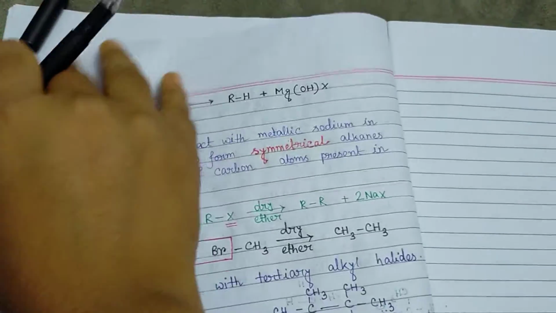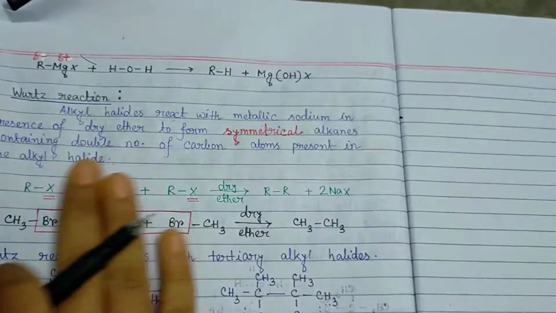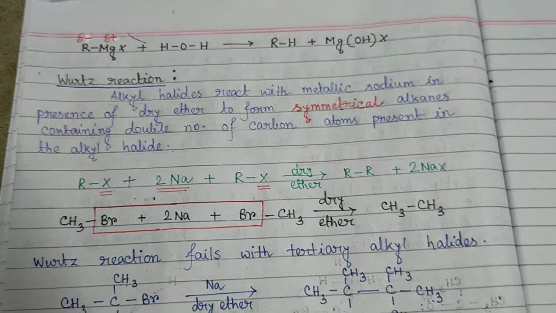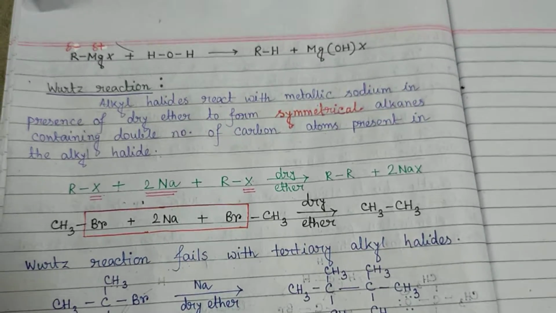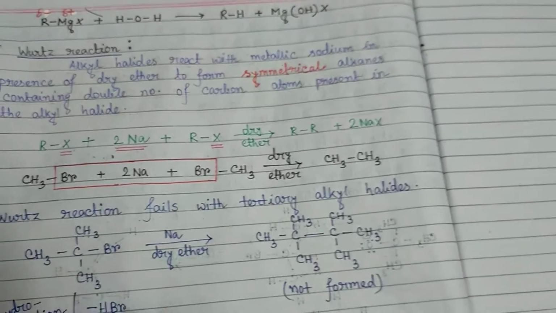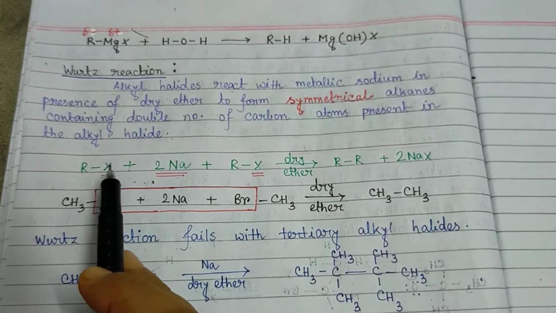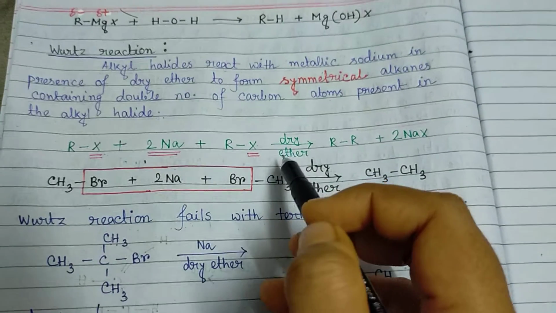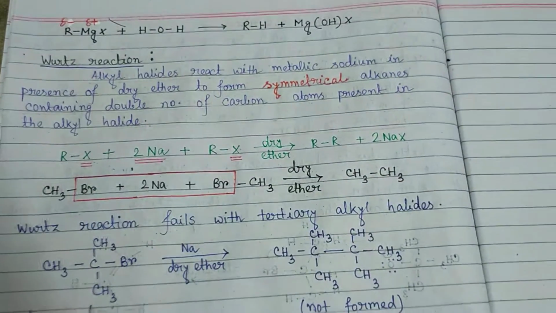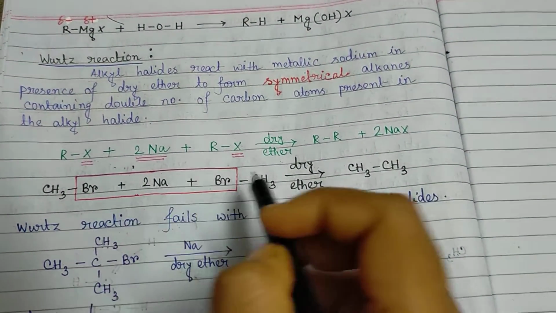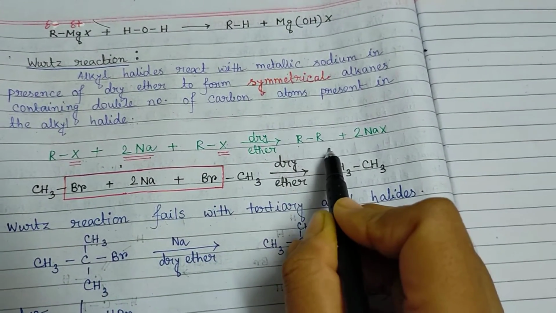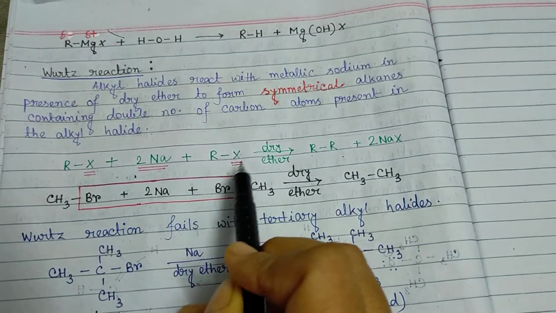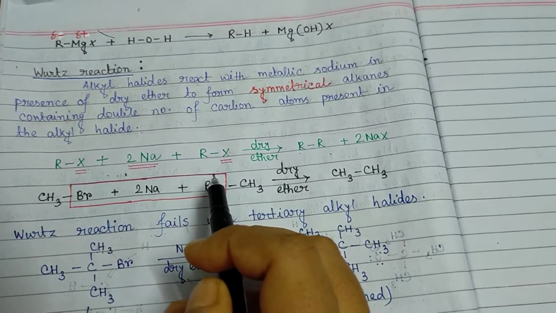After that we can see another reaction of haloalkanes, that is the Wurtz reaction. The Wurtz reaction we have already learnt in class 11th also, that is when an alkyl halide reacts with sodium in presence of dry ether, it will give a symmetrical alkane. That means there will be both R groups, and both R groups will come from the haloalkane or the alkyl halide.